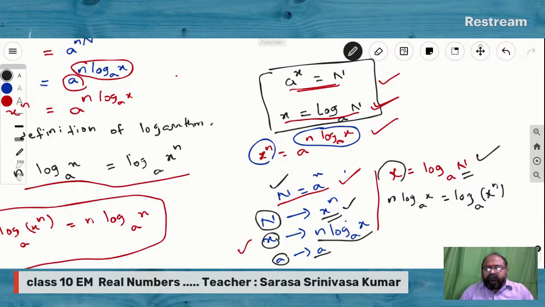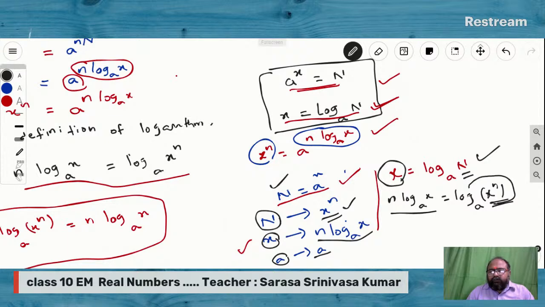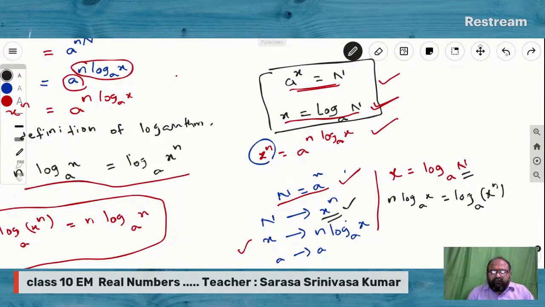So in place of x, you can write n log x base a equal to log n. In place of n, we can write x to the power of n, and to the base a, we can write a only. So this is how we have applied the definition of logarithm to the given problem.